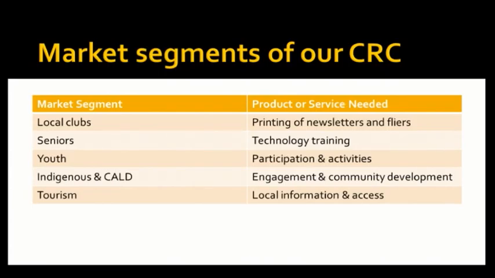Youth are often looking for participation in activities, something to get involved with. Another segment is Indigenous people and people who are culturally and linguistically diverse, maybe looking for ways to be engaged in the community or for community development services. And tourists, who we just talked about, are often looking for local information and access to new areas or resources. So that's some of the segments you could be thinking about in your own CRC.